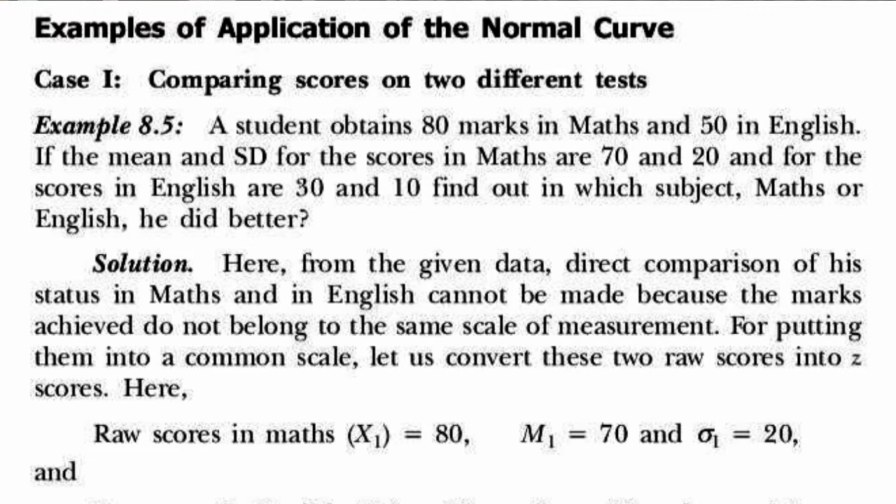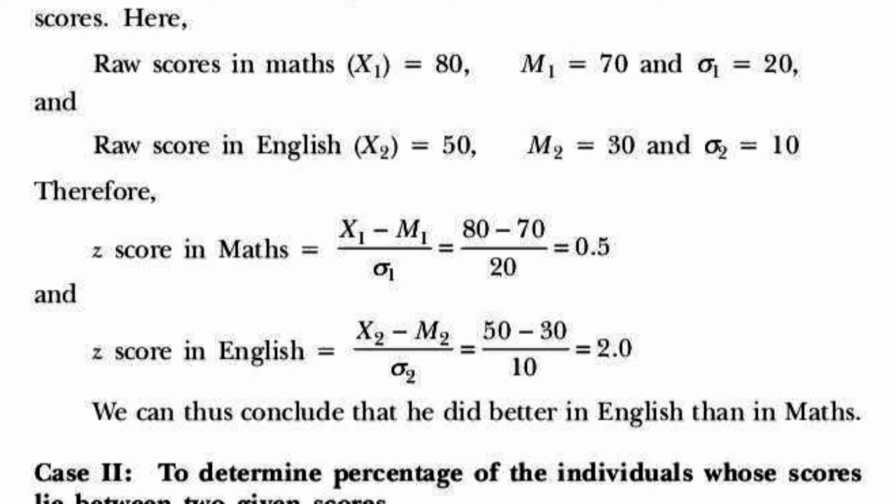Here we need to convert the raw scores into z-scores, and we need to follow the formula: z is equal to x minus m divided by sigma. Please follow me. You need to convert the 2 raw scores, one is maths and one is English.